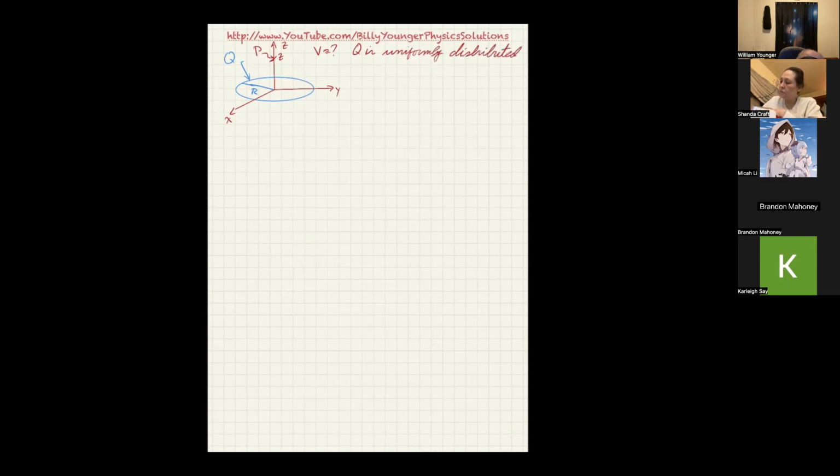Okay, and uniformly distributed, by the way, means sigma equals a constant. So what that means is Q over pi r squared is equal to, let's see, I'm going to try to make another oval like that, okay?